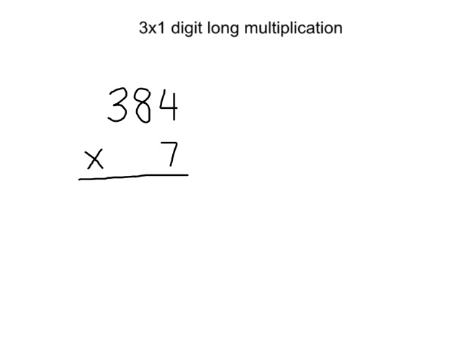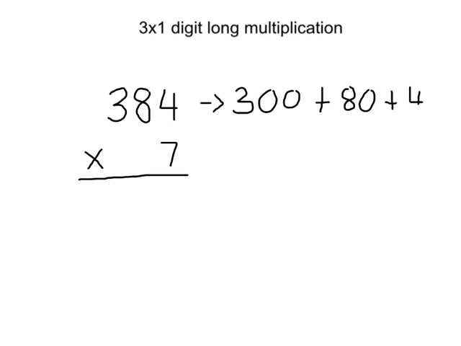Now, do you remember expanded form? There had to be some sort of reason why we would make things into expanded form. And simply put, we can use expanded form in this question to help us multiply. So, right now, 384 in its expanded form is 300 plus 80 plus 4.